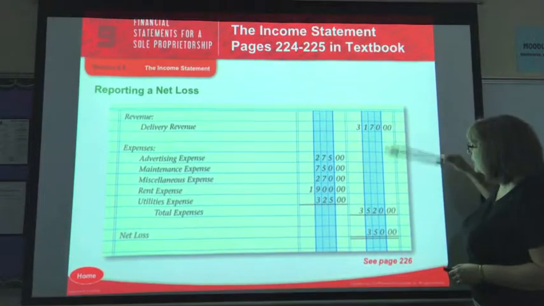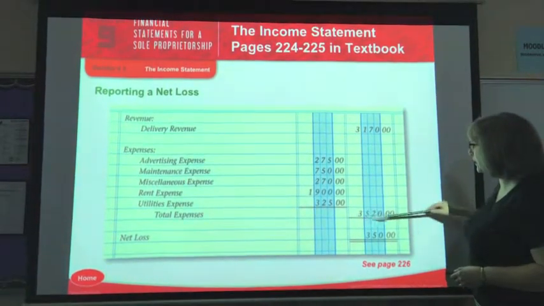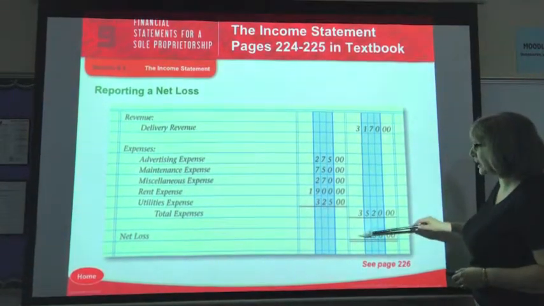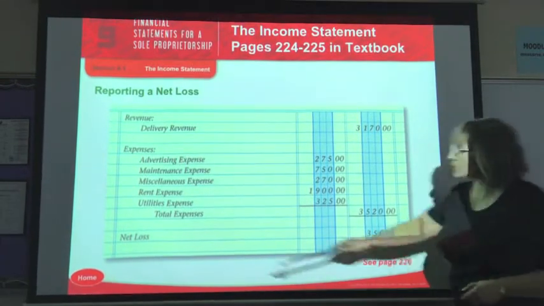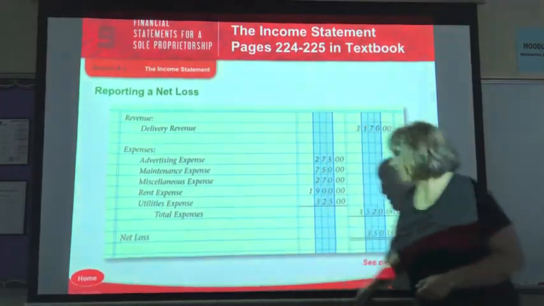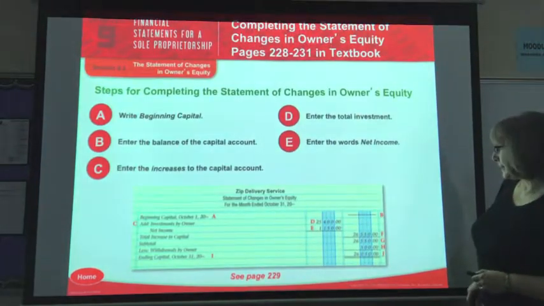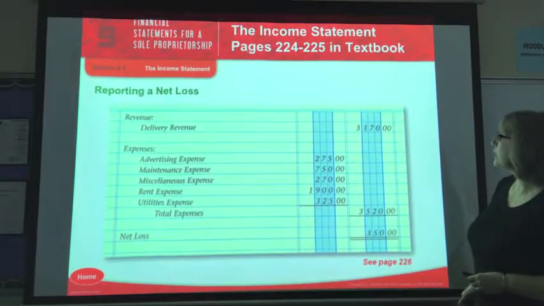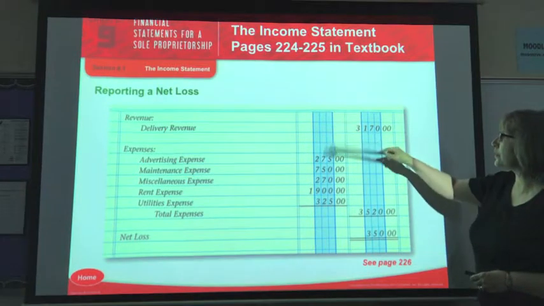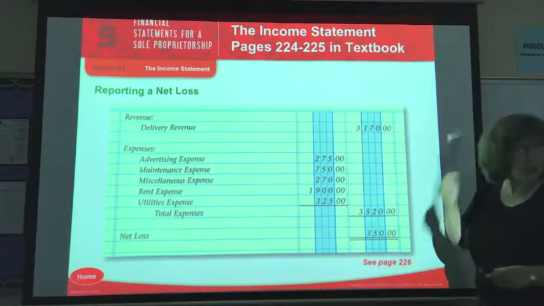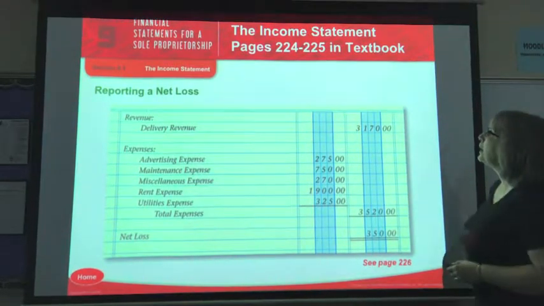We found the difference between the two and wrote a single rule. Notice I don't have a minus sign here. Rather, I just wrote net loss over here and then put my double rule. And I wish I had an example of one with double revenue, but hopefully we'll do one of those in our review here.